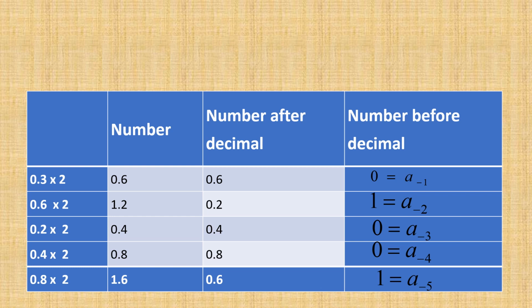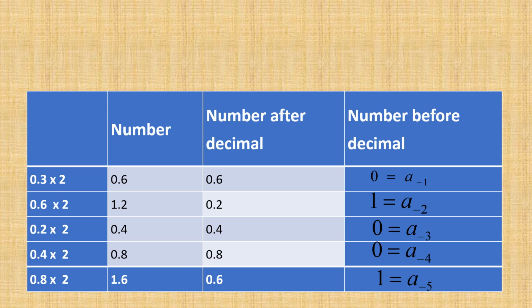Here the number after decimal is 0.2, the number before decimal point is 1, which will be recorded as A_-2. 0.2 times 2 equals 0.4. Here the number after decimal is 0.4, the number before decimal point is 0, which will be recorded as A_-3.